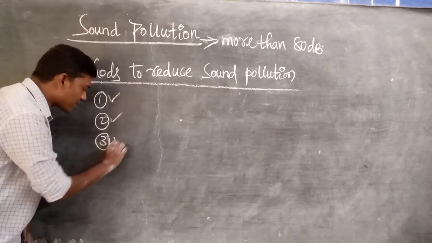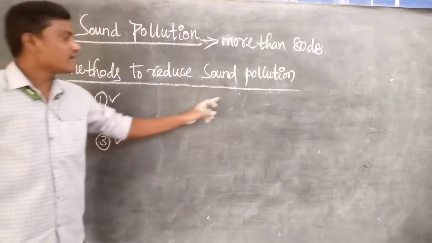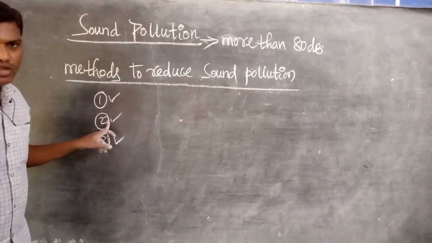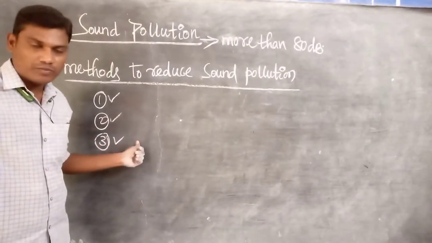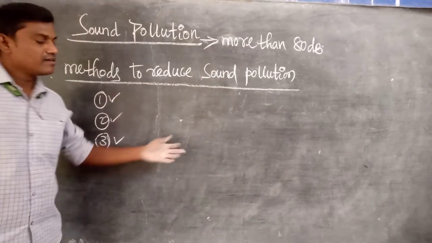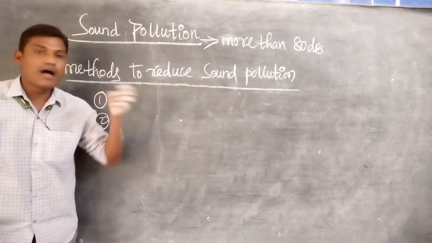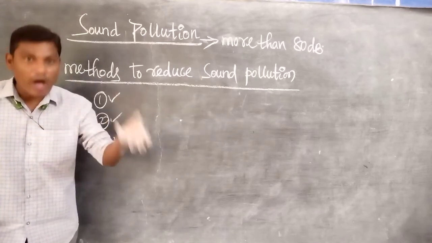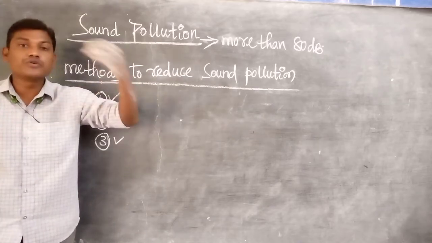Next, third one. So what is the first one? Planting trees around factories and roadsides near traffic. Second one is to use better silencers. And third one is to reduce the volume in TV or radio, or reduce the volume of the home theater at home, or during marriages, functions, or parties.